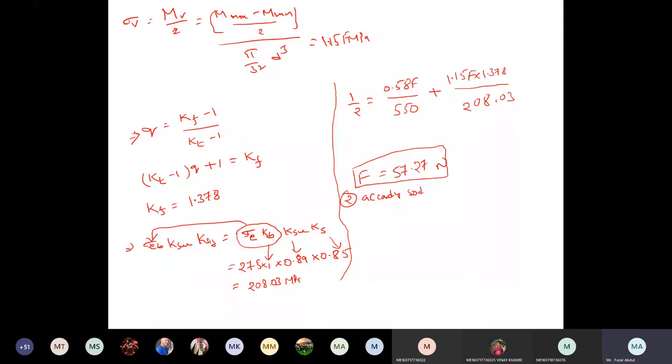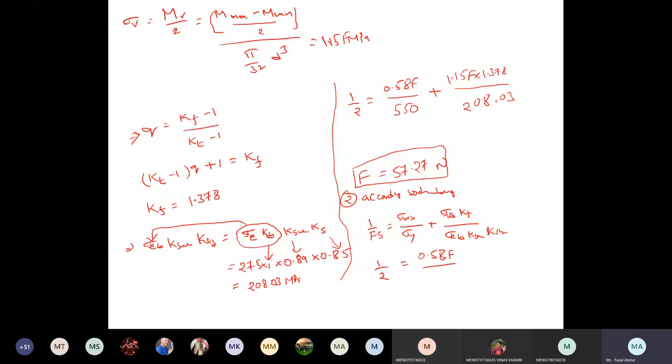According to Soderberg, calculate fast. 1 by factor of safety equals mean bending by yield. Here yield will be taken. Variable bending into Kf by sigma EB, K surface, K size. Everything is there. Only you need to substitute. Now tell me the value. 1 by 2 equals 0.58 F by yield.